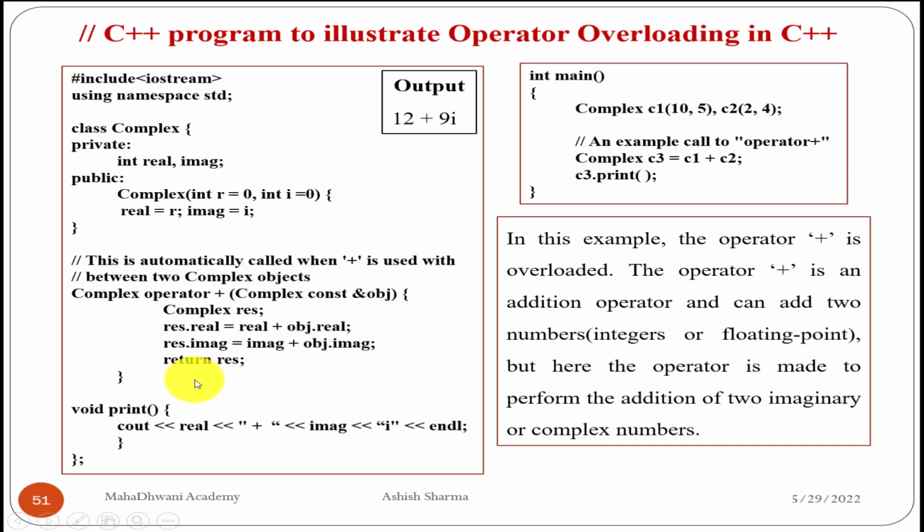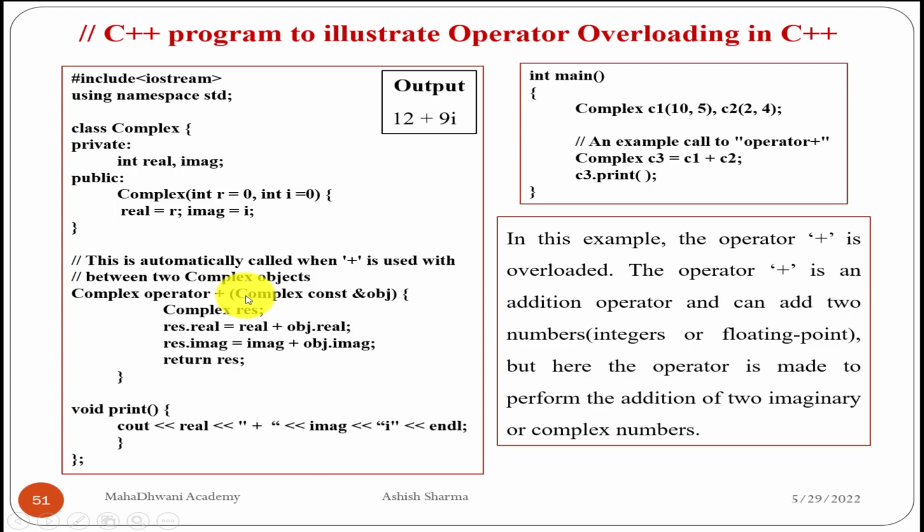We first check the definition of the operator overloading, then we will check the accessibility of it. First, Complex is the name of the class, so we are taking it here as the return type. Then operator is a keyword. Then the plus operation: whichever operator you want to overload, you need to write after the operator keyword.